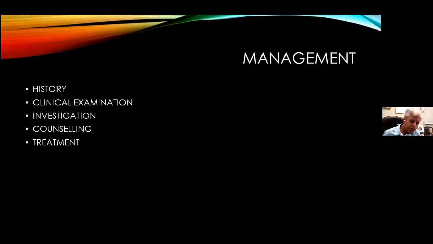Counseling is an important part, and treatment plan and rehabilitation are among the most important parts of laryngeal and hypopharyngeal carcinoma. And regular follow-up. All the patients who have had treatment for the carcinoma should come for very regular follow-up to make sure that there is no recurrence.